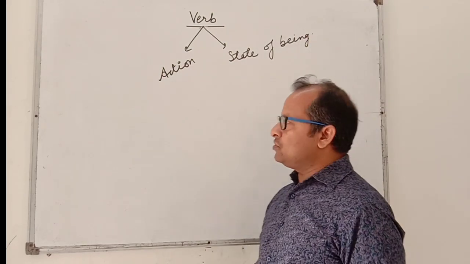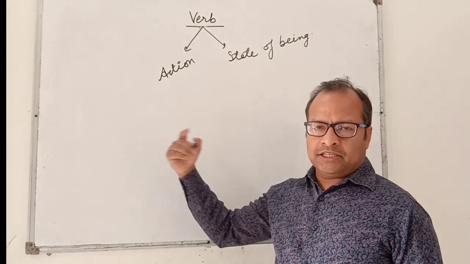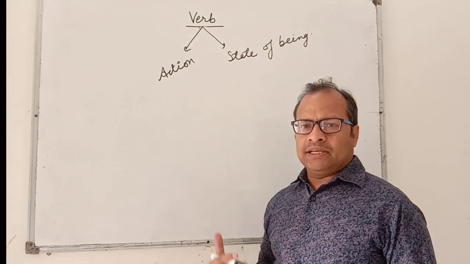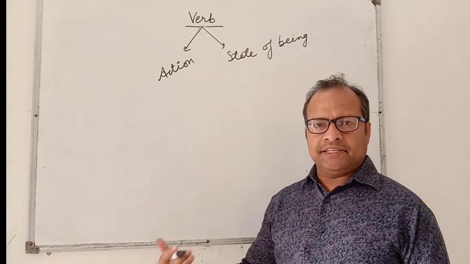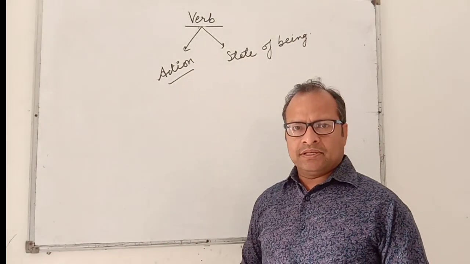If I want to explain the action verb, it means I am teaching. Right now, the action being performed by me is teaching. Therefore, this is an action verb.